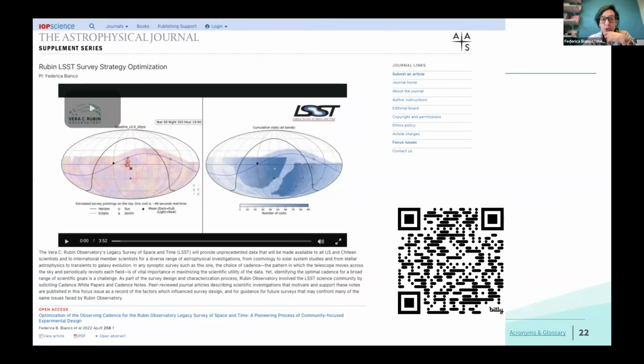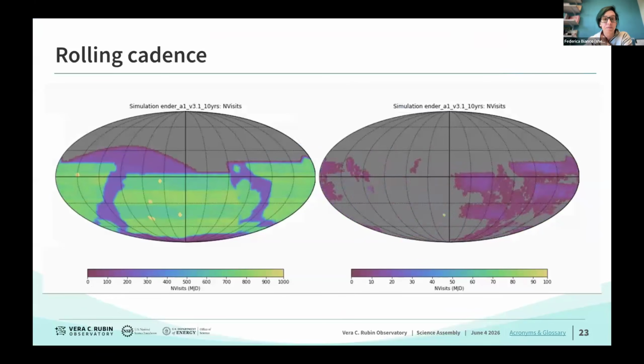Also, we provided opportunity for these papers, cadence notes and white papers, to be published as peer review papers in the special issue of the LSST supplement, the Astrophysical Journal Supplement Series. And we now have 30 papers that have been published based on this cadence work from the community as peer review work, and more are being accepted in this journal.